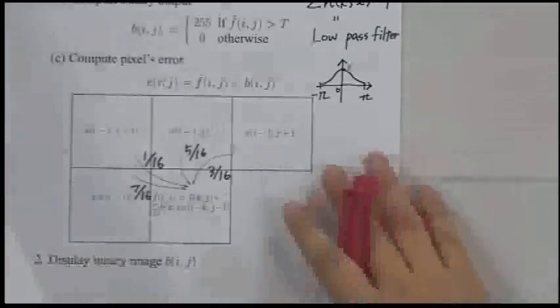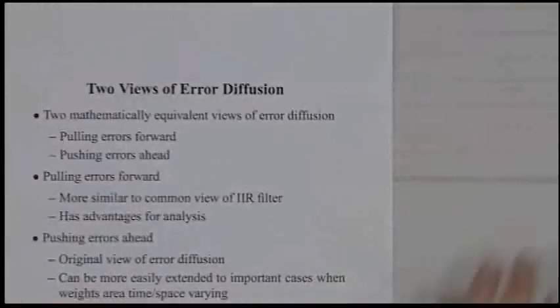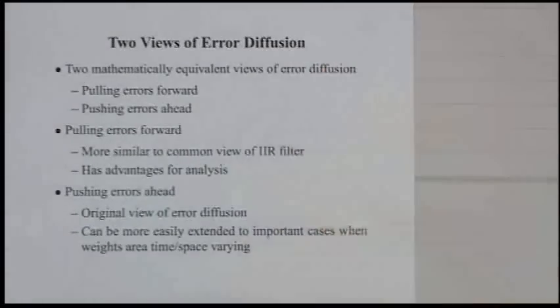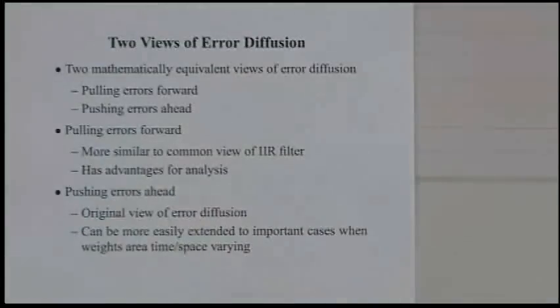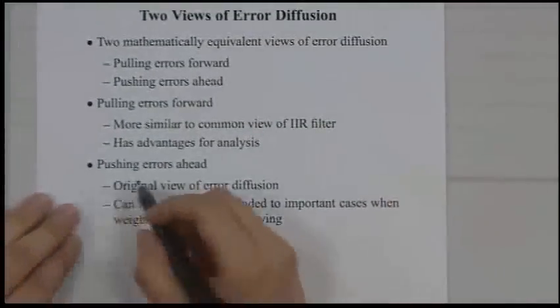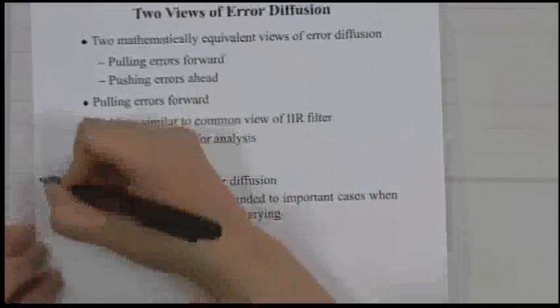Time passes very fast. Okay, here is the summary. Sorry, I switched the order of the handouts a little bit, but there are two views of error diffusion, two mathematically equivalent views of error diffusion: pulling error forward, and pushing errors ahead. We first looked at pushing error ahead. This is more intuitive.